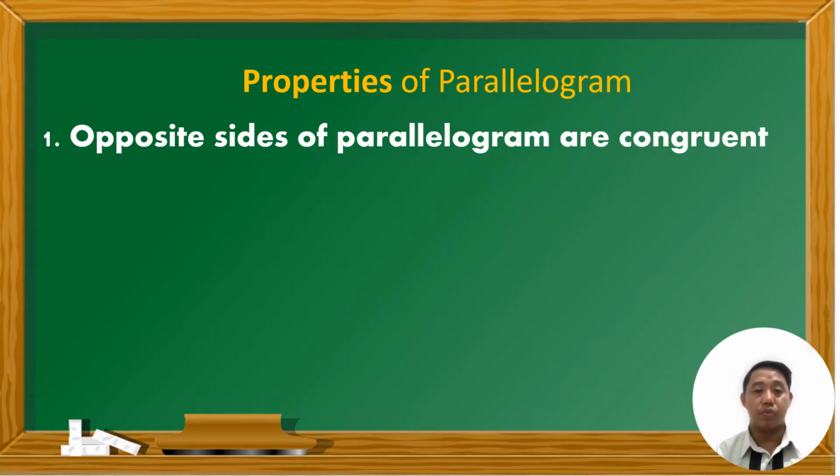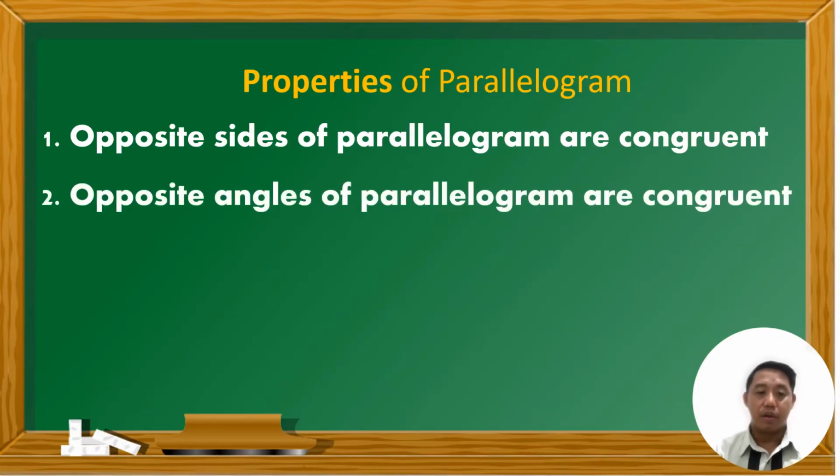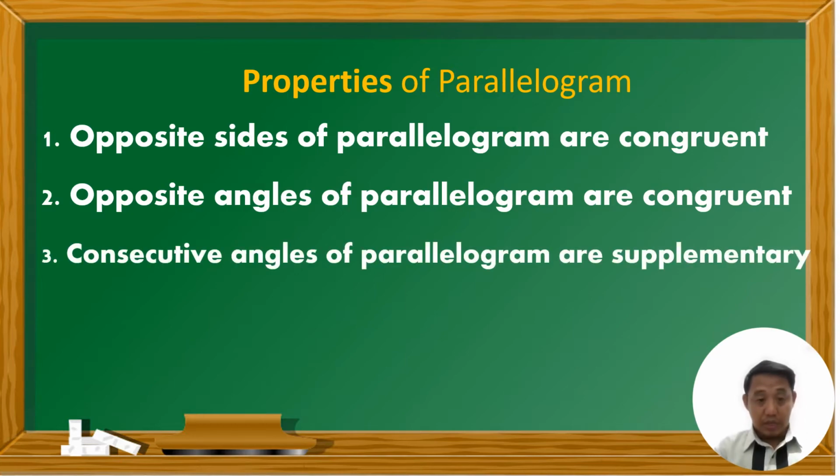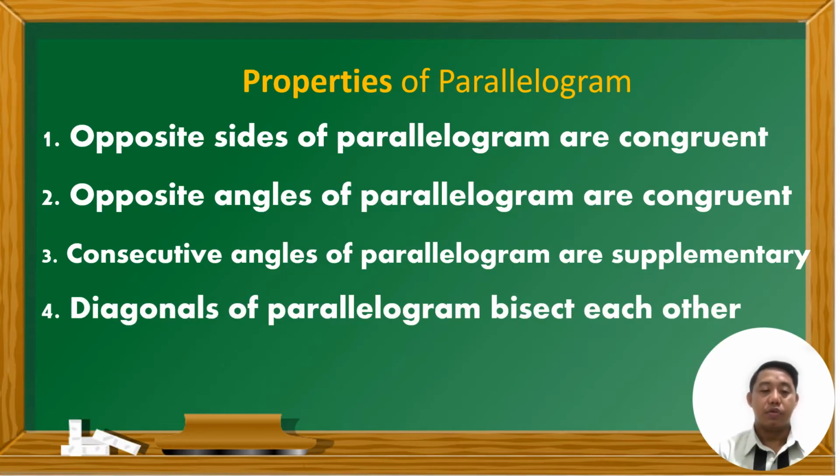The first one is opposite sides of parallelogram are congruent. Number 2, opposite angles of parallelogram are congruent. Number 3, consecutive angles of parallelogram are supplementary. Lahat ng mga terms na yan, later i-discuss natin. Number 4, diagonals of parallelogram bisect each other.